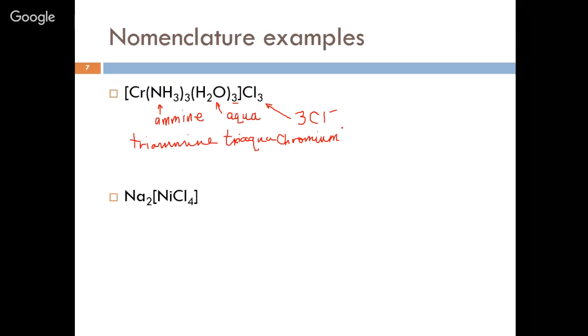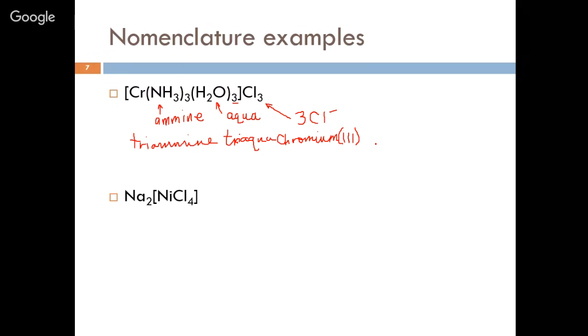And then we need to put the charge. Amine is ammonia. It has no charge. Water, or aqua, has no charge. The overall ion has a +3 charge, because we know that the counter ions have a -3 charge. And so the chromium itself must be +3. So we use Roman numeral 3.